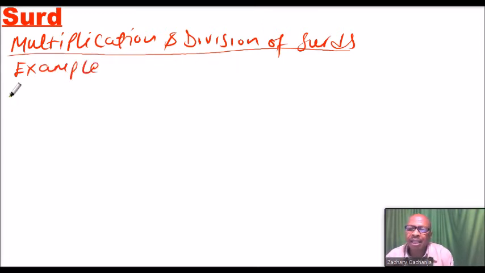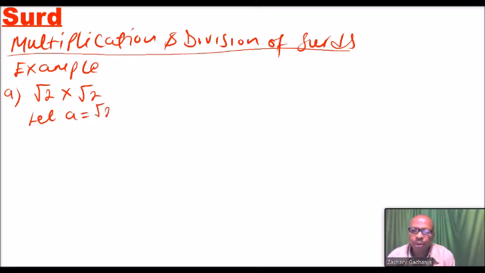Let's start with A. If we take root 2 and multiply by root 2, just to demonstrate this, let A be equal to root 2. So A multiplied by A is equal to A squared.